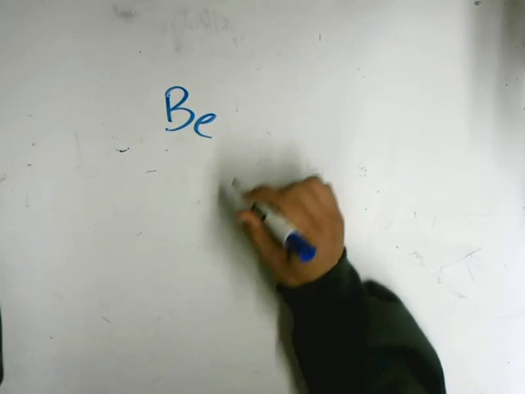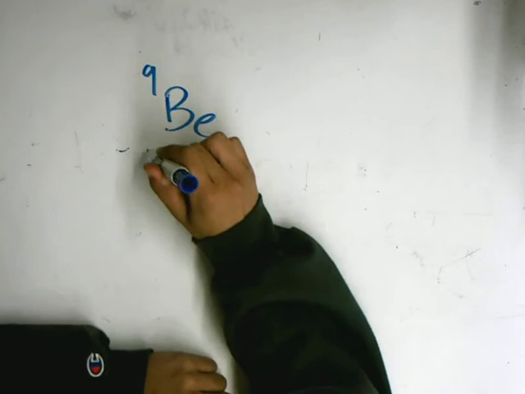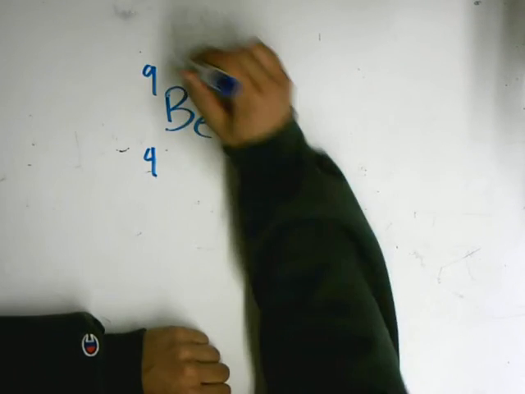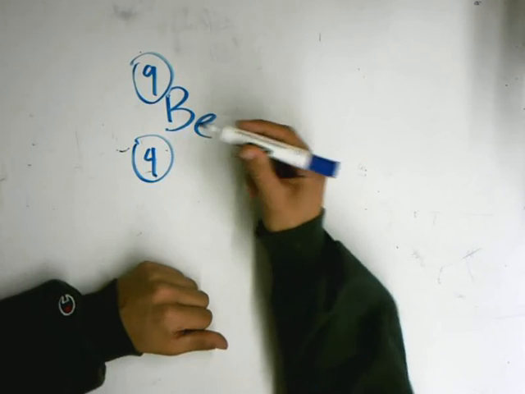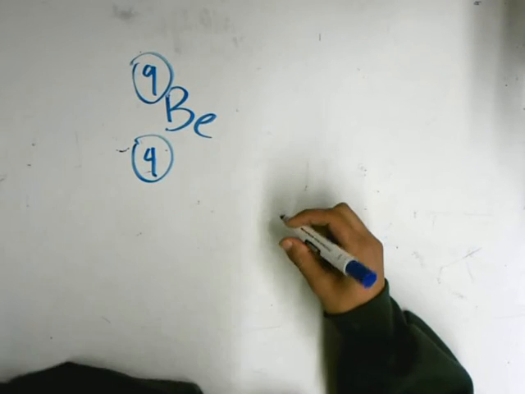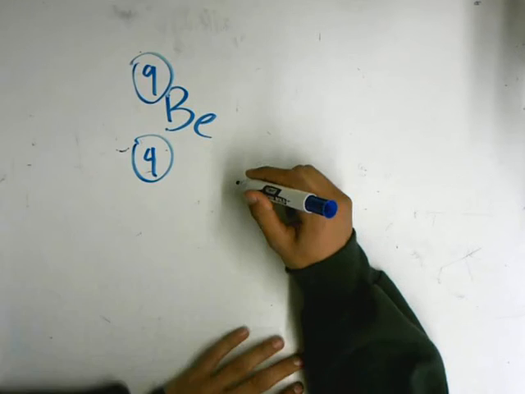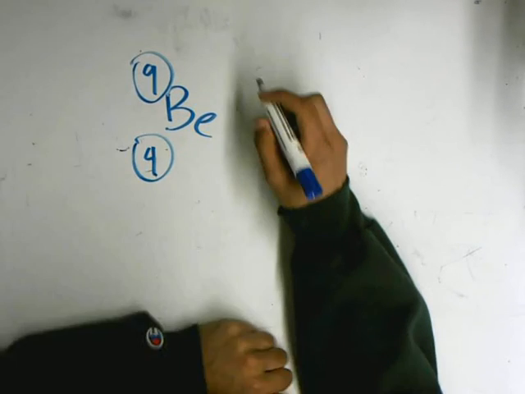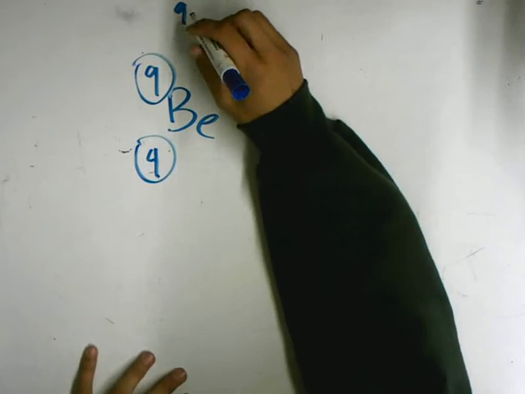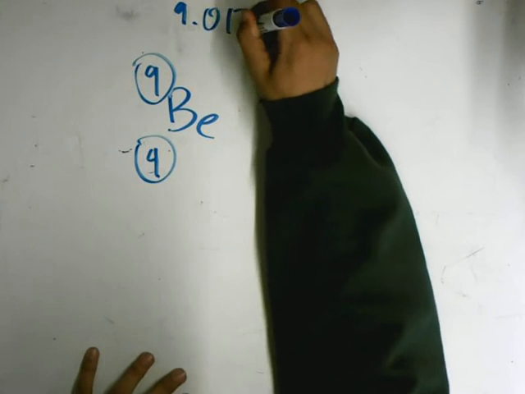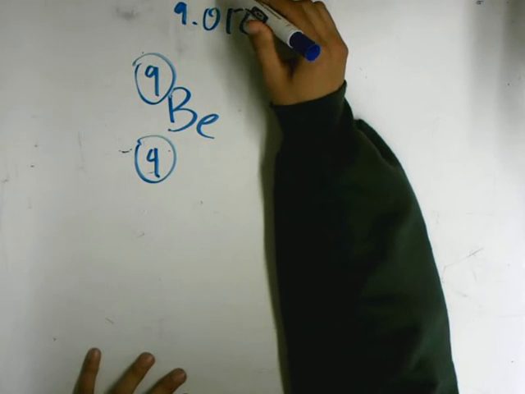So there's 9 nucleons, 4 protons, which means there's 5 neutrons. So to find the mass, well, first the atomic mass is 9.012182. So that's the atomic mass.